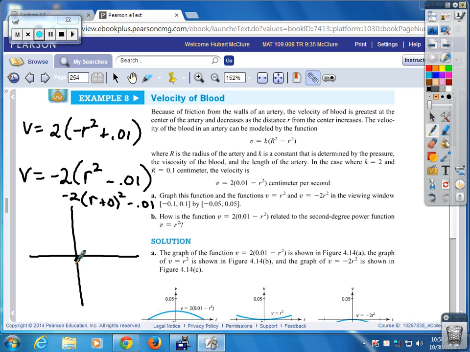So it's the same thing. So it looks something like this. They've got it in a different window. So that's what it looks like.